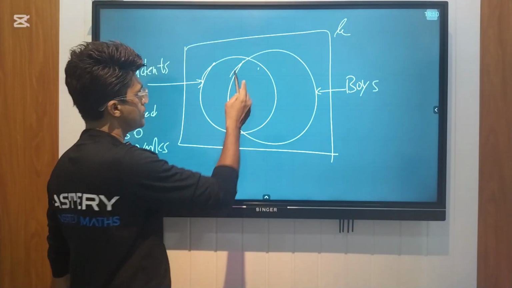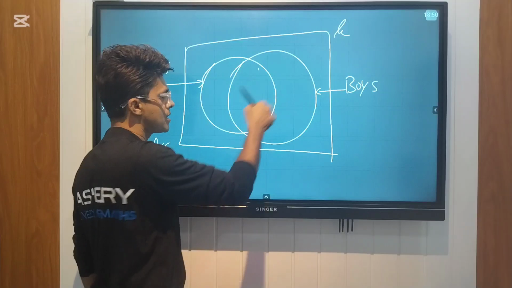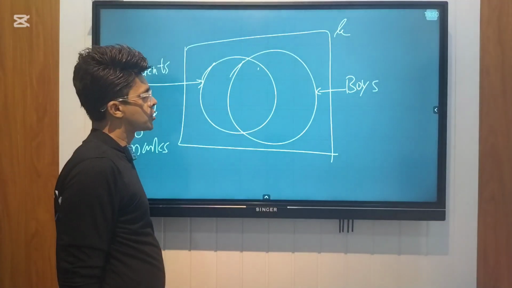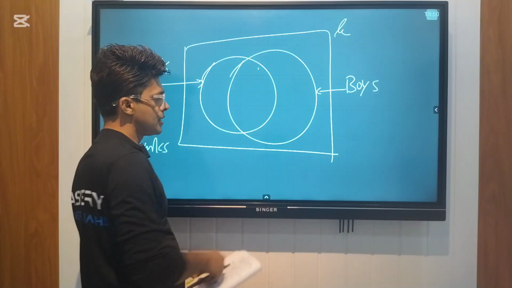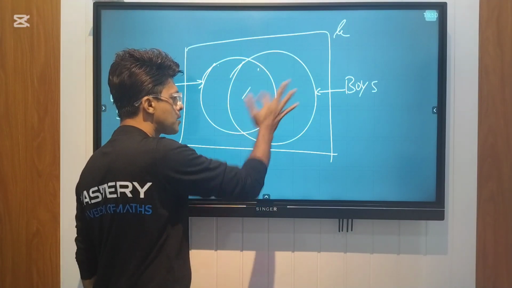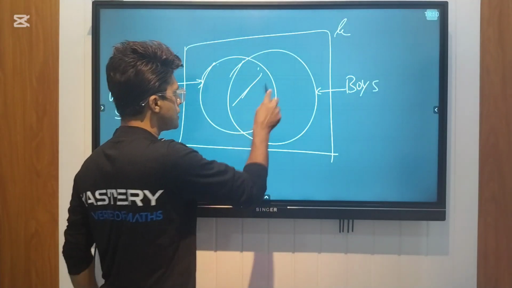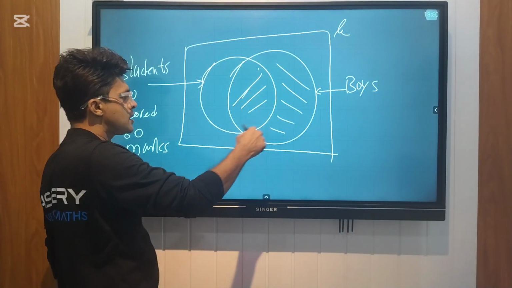In this region and this region, there are boys. In this circle, in this segment and this segment, there are boys. Girls are also in this circle.